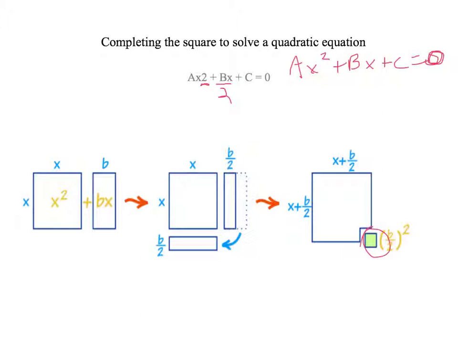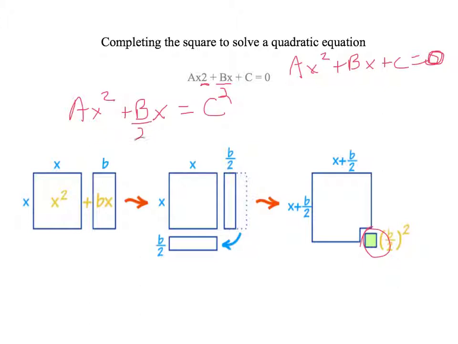So essentially, I would want to take my equation, ax squared, and rewrite it with my constant term on the other side of the equal sign.